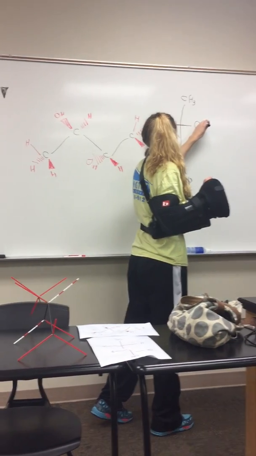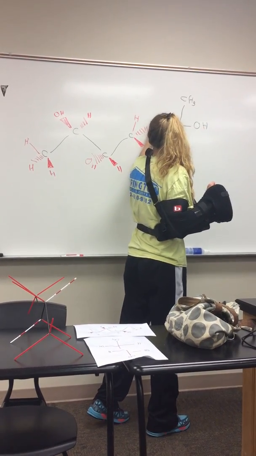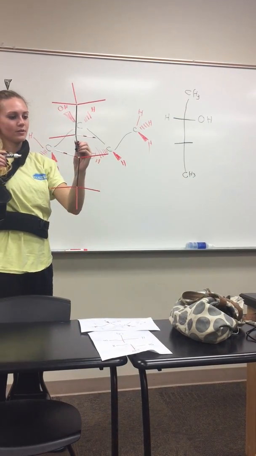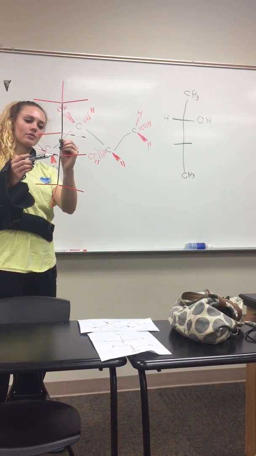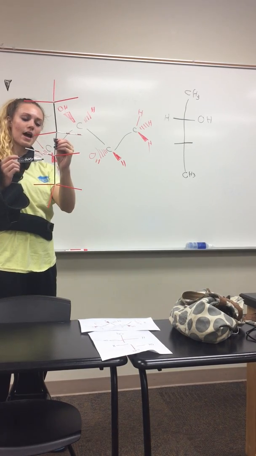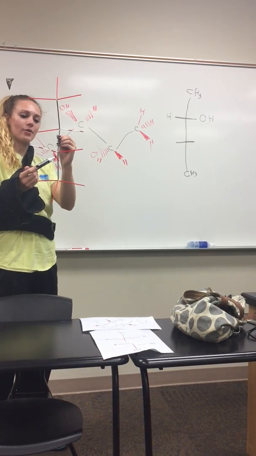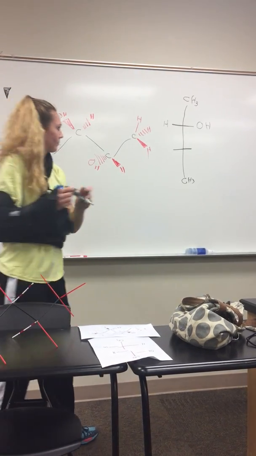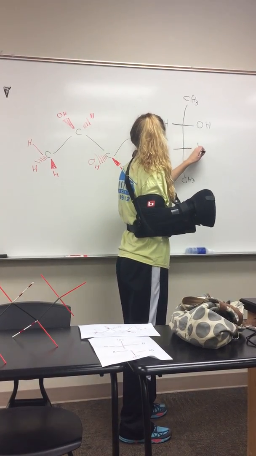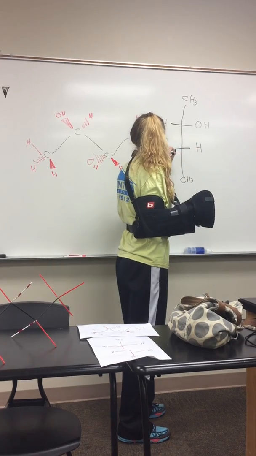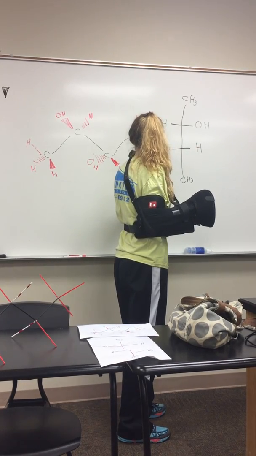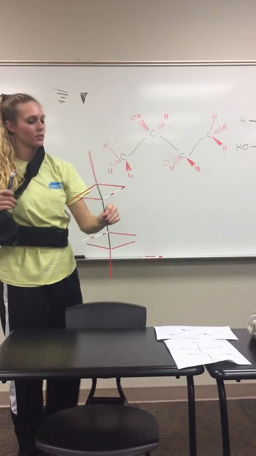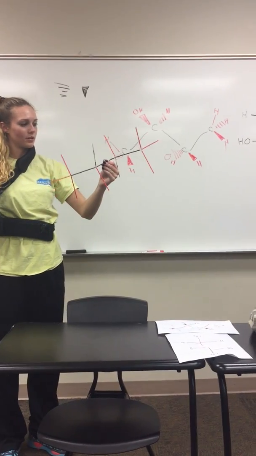The OH is on the right side and the hydrogen is on the left side. So carbon 3 here has the hydrogen on the right side and the OH on the left side. So let's draw that. And that is what the Fischer projection and the dash wedge projection of this molecule looks like.